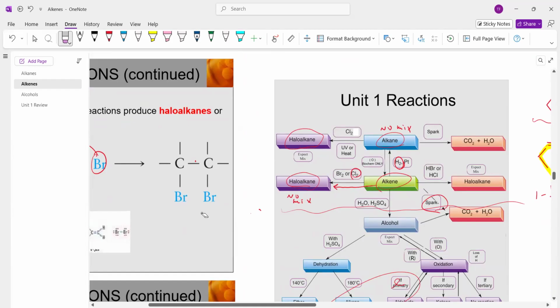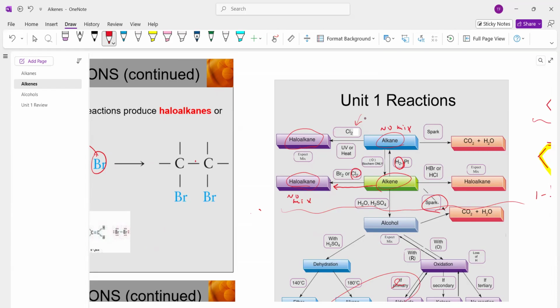They'll react with chlorine gas, and under heat or UV conditions, you'll end up with a halogenated alkane, or they'll burn. Those are the two reactions. They're pretty simple.